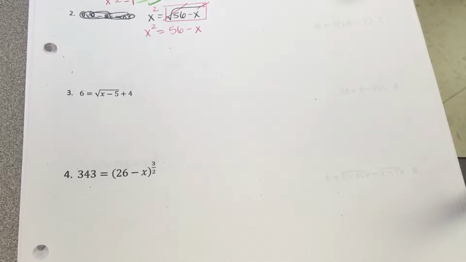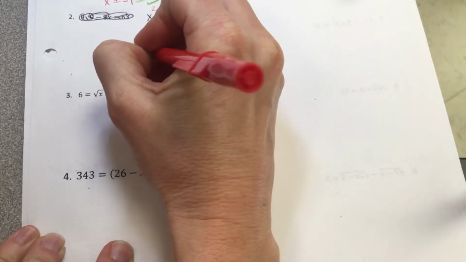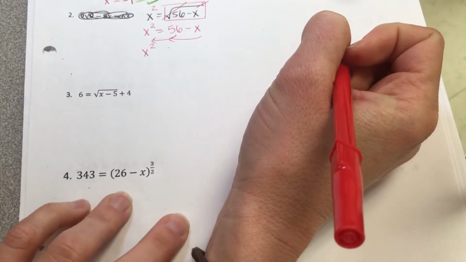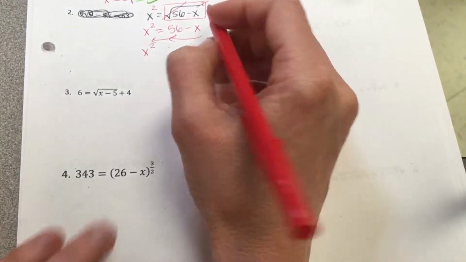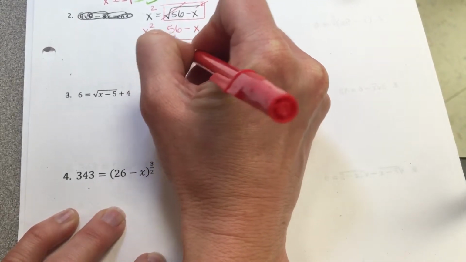All right? And so when I have a problem like this, when I have an x squared and an x, you move everything to one side. Okay? Move everything to one side. So x squared, the minus x becomes plus x, and the 56 is negative. Okay?